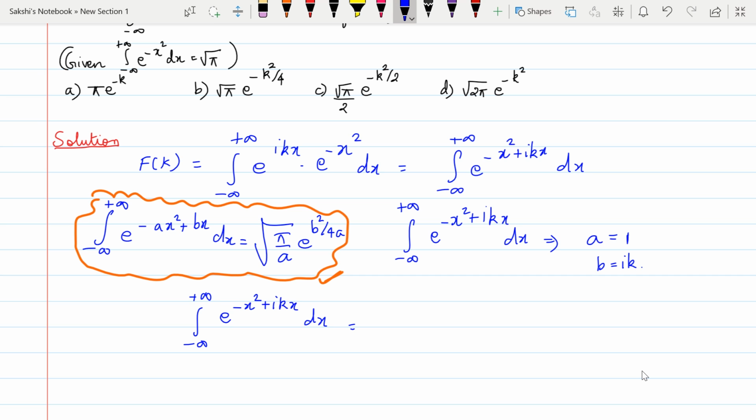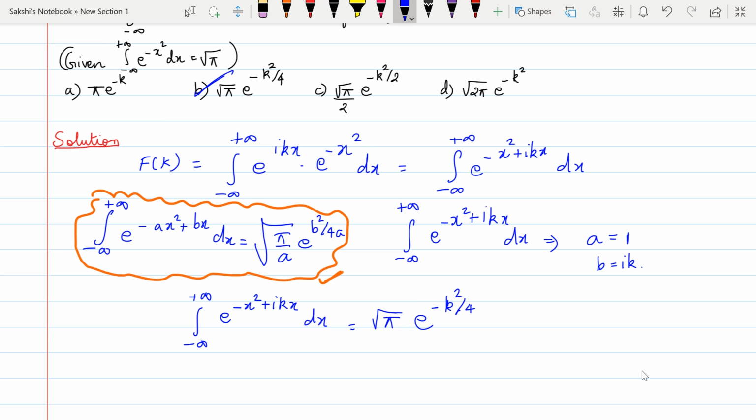So root pi by a, which is root pi by 1, which is root pi, times e power b square by 4a. b square is ik square, therefore that is i square k square. i square will be minus. Sorry, it's minus k square by 4. Yeah, so this is equal to option B.